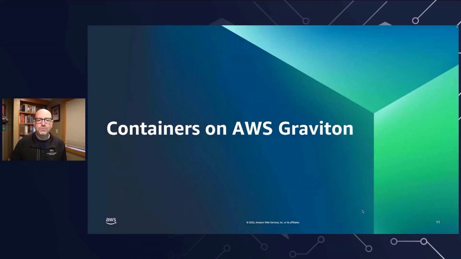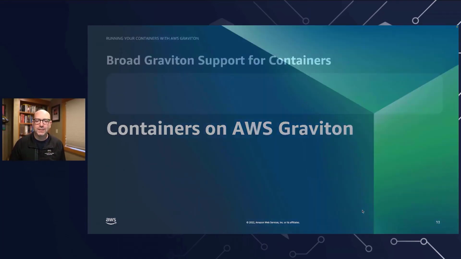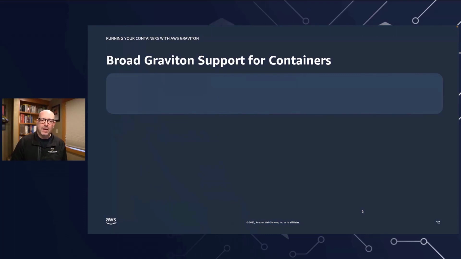Next, I'd like to turn to containers on Graviton, which is what you're really all here to learn about. Containers is one of my personal favorite technologies, as I was formerly a container expert with AWS as well. Graviton provides broad support for containers.